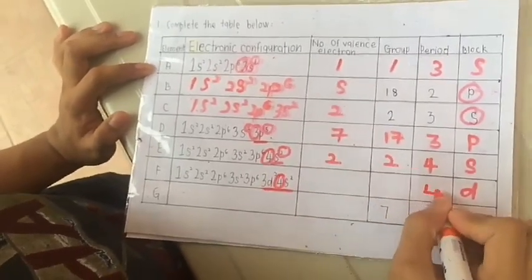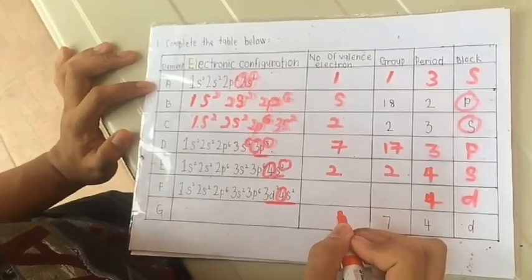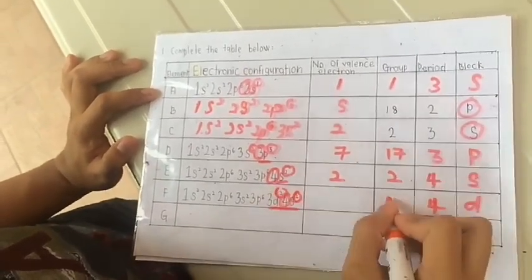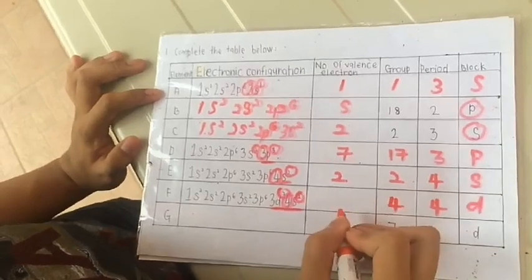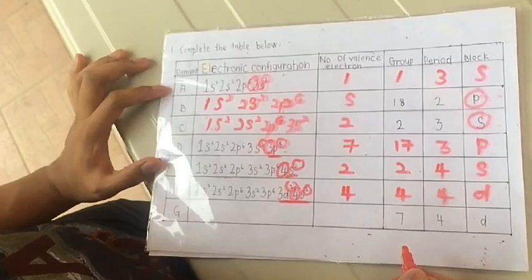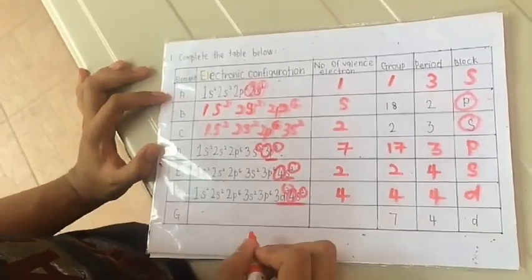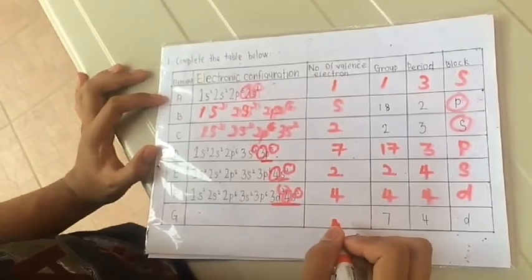So write 4. So the group of element F is 4, and number of valence electron is 4.